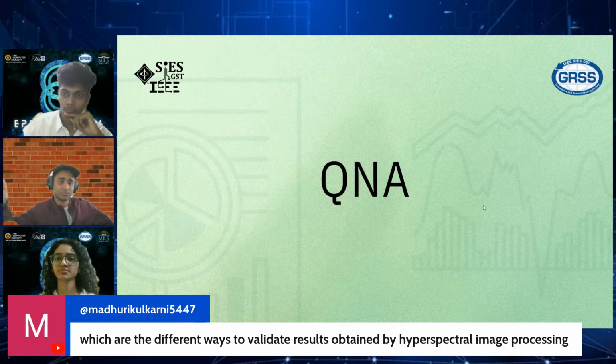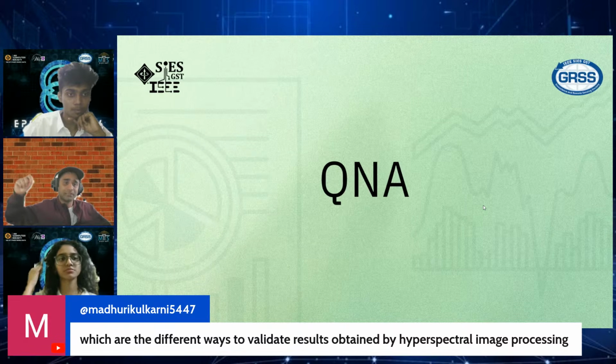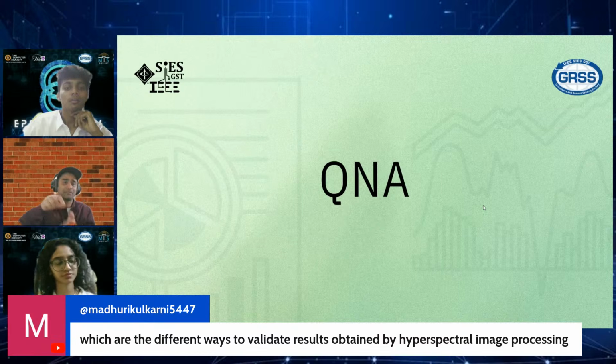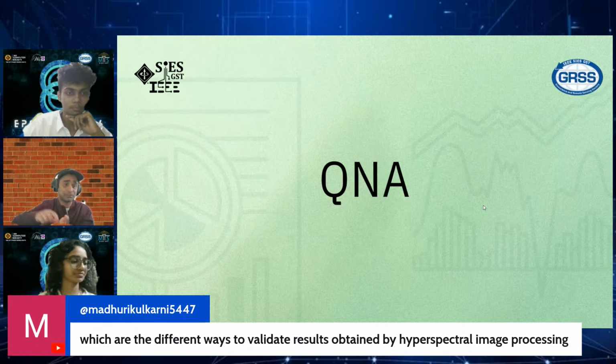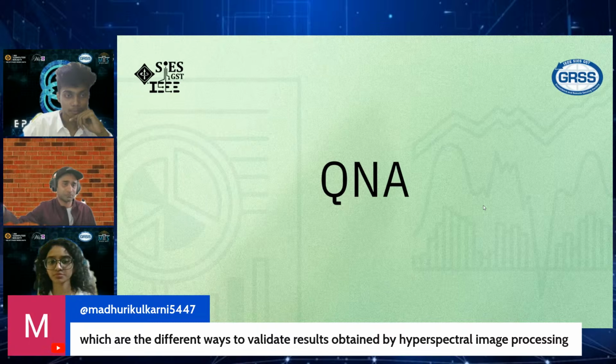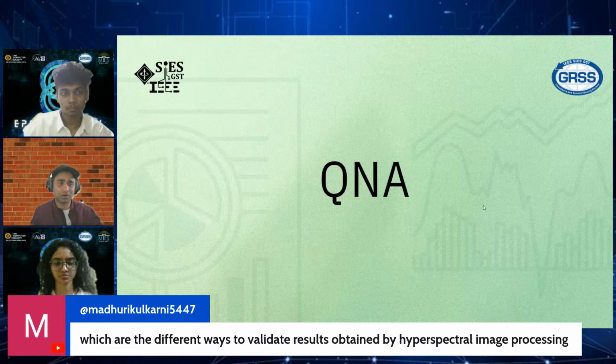For a particular location, you have the X and Y point, latitude and longitude, and you insert that point into Google Earth Pro and check on the picture whether it is actually classifying that as forest or not, as agriculture or not. So the easiest, cost-effective way is using Google Earth Pro.